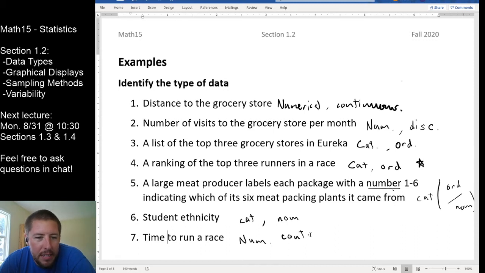It might not be to us, but to all the people competing for the world record, it is. So in that sense, we might think about this being more discrete, because we do make a jump from the 9.63 to the 9.64. Technically, there are some times in between, but they're very, very small and finely measured, and on the stopwatch they're using, they wouldn't be able to make that distinction. So in some special cases, it makes some amount of sense to measure time as a discrete numerical variable. I think it makes more sense to always think of time as a continuous variable.